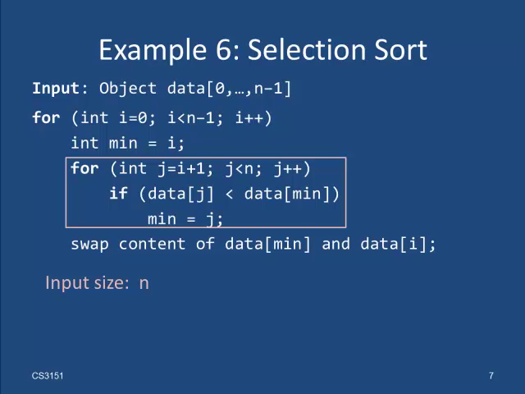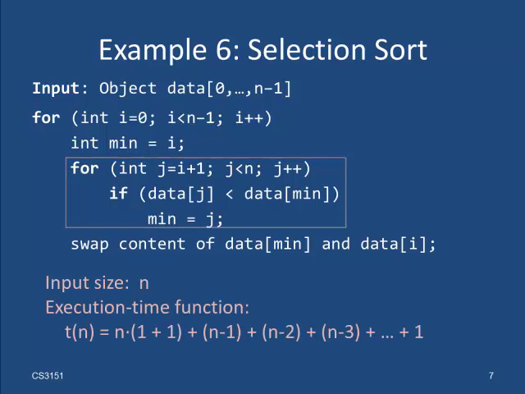Then for the first iteration of the outer for loop body, we have to add n-1 steps for the inner loop. For the second iteration of the outer loop, we have to add n-2 steps for the inner loop, and so on, all the way down to 1. So overall, the execution time function is t of n equal to n times (1 plus 1), plus n-1, plus n-2, plus n-3, and so on until we reach 1.